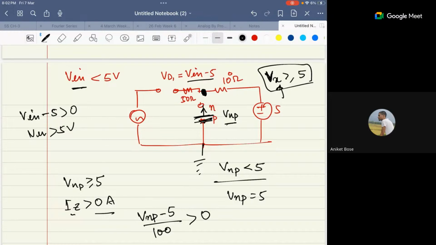So I can write here, I can take VNP. I have here 5. So VNP minus 5 upon 100 should be greater than 0. So from here also it is coming, VNP should be greater than 5 volt. Yes, sir. Correct. Yeah, so that is what I was trying to say.